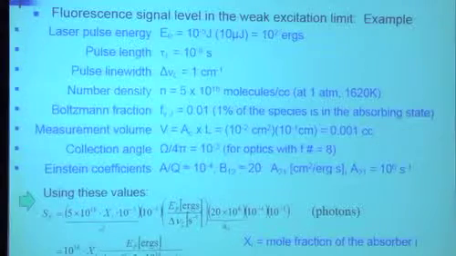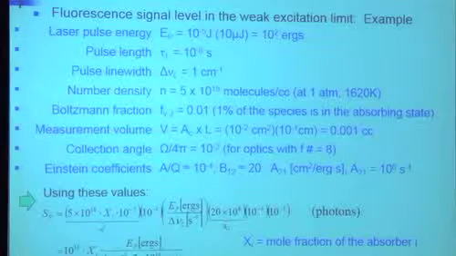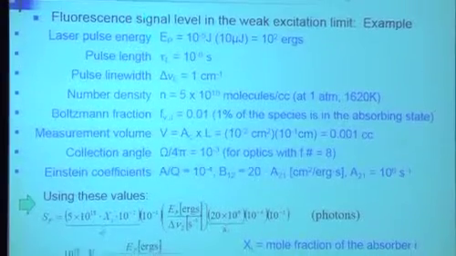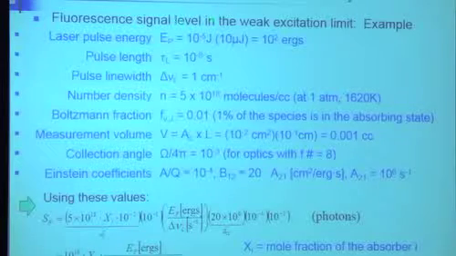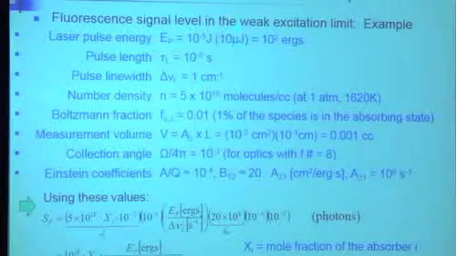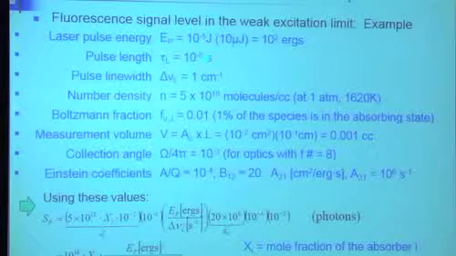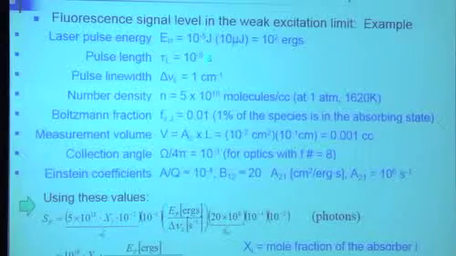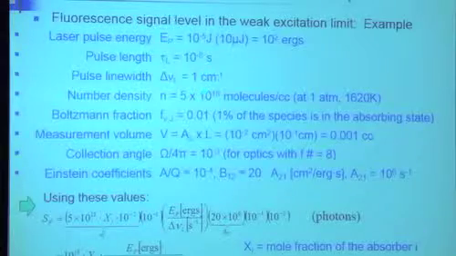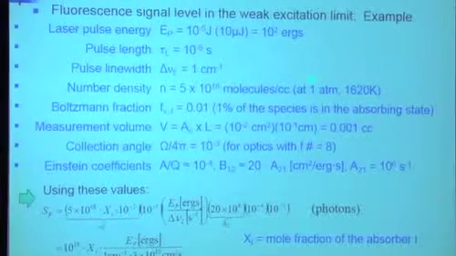And if we put in some numbers, this is in your reader, so I'll just go through it. You put in some typical numbers: 10 microjoules, which is a pretty small number. Typical pulse length, well, it's not typical, but 10 nanoseconds. Laser line width, number density at 1 atmosphere, 1600. Boltzmann fraction, 1%.